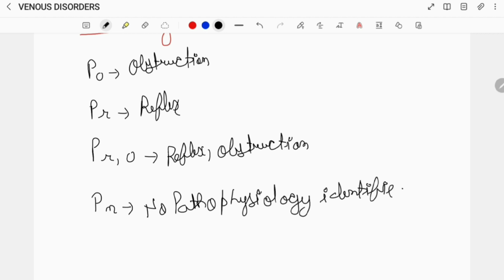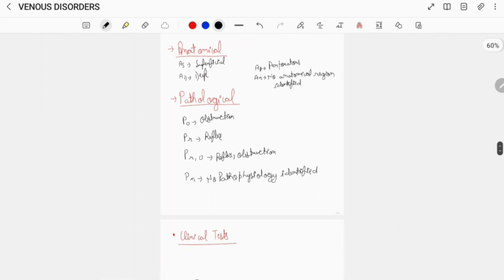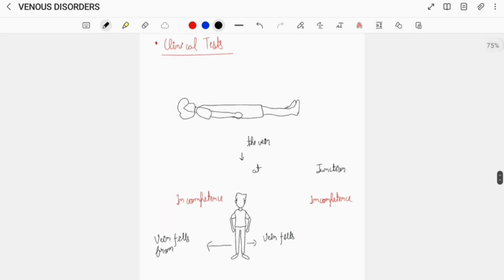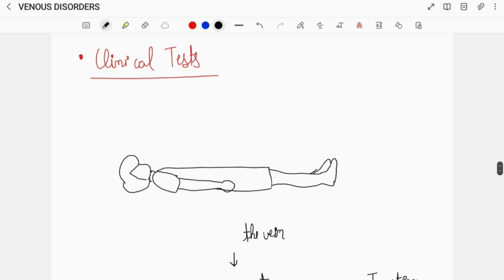This is the CEAP classification. Also, we have some clinical tests for identifying varicose veins. One of them is the Trendelenburg test.